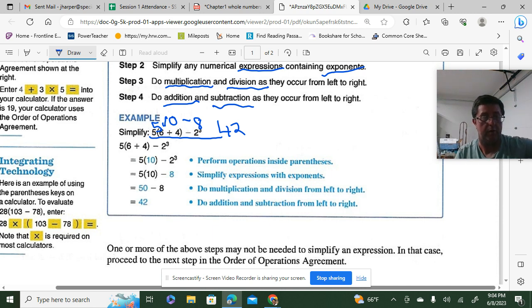So it is possible to do with your scientific calculator.